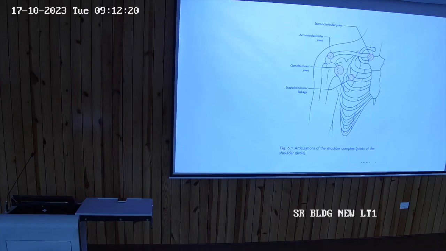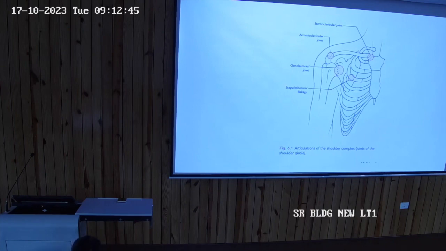The shoulder joint is ball and socket type of joint, but freely movable, because this joint is least stable. The stability of the joint is weak.